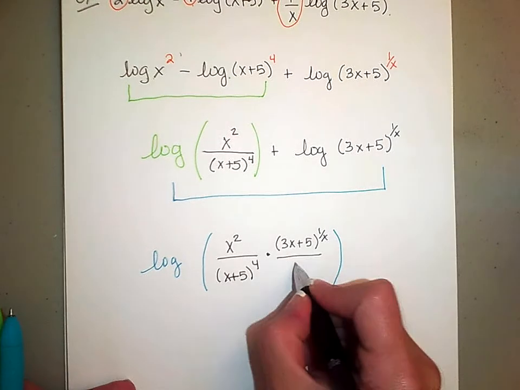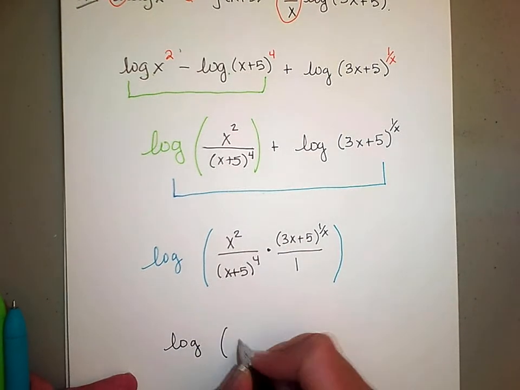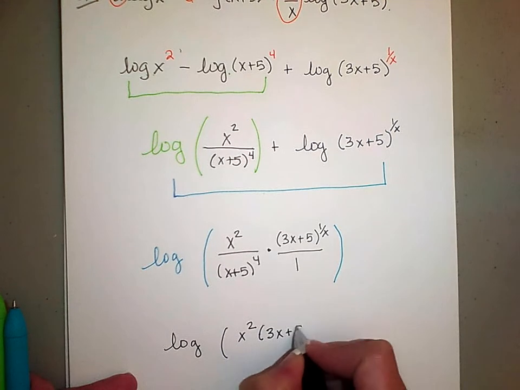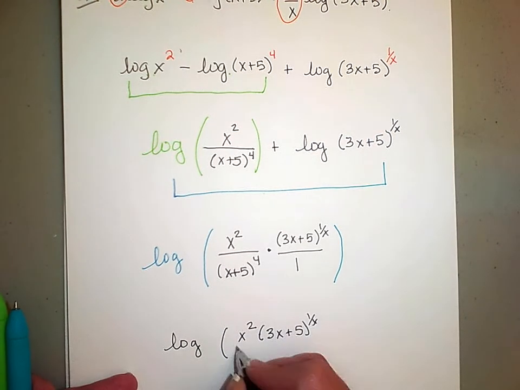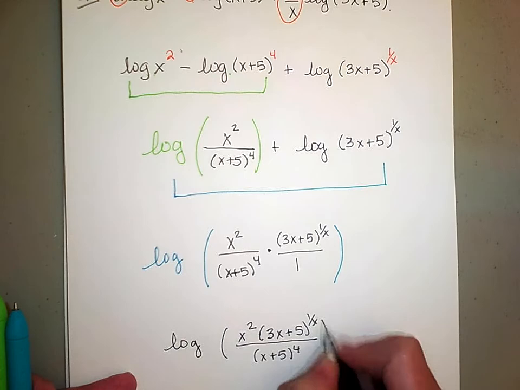And remember, this is like over 1. So we could really write this as the log of x squared times 3x plus 5 to the 1 over x power over x plus 5 to the 4th.